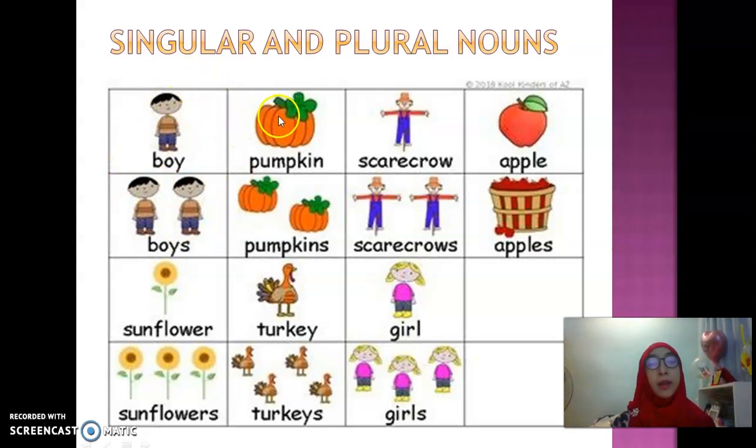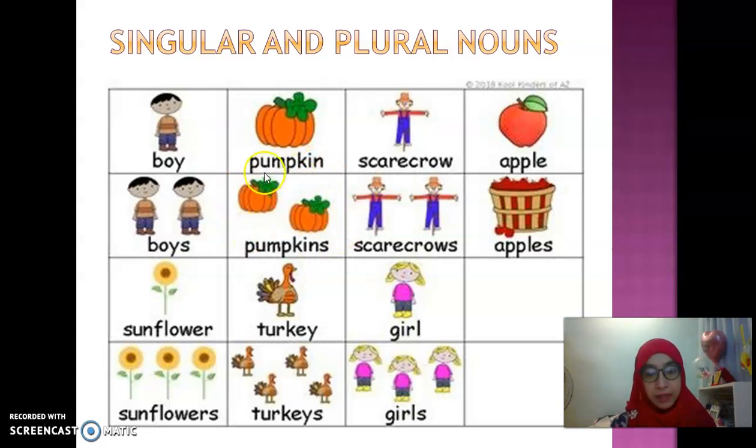Okay, so that's people, person. All right, so let's look at an object. So pumpkin. How many pumpkins in this picture? One pumpkin. Let's spell one pumpkin. Pumpkin.